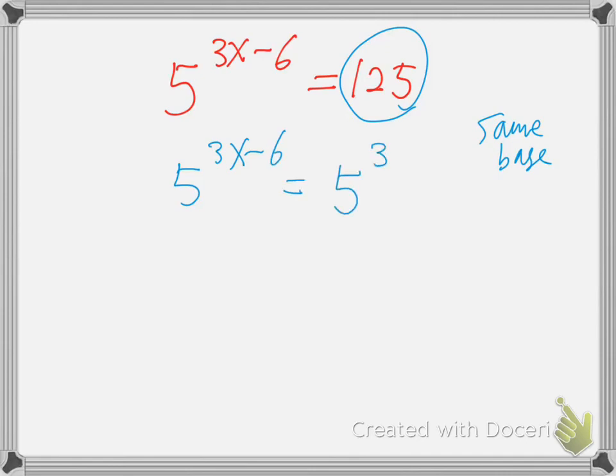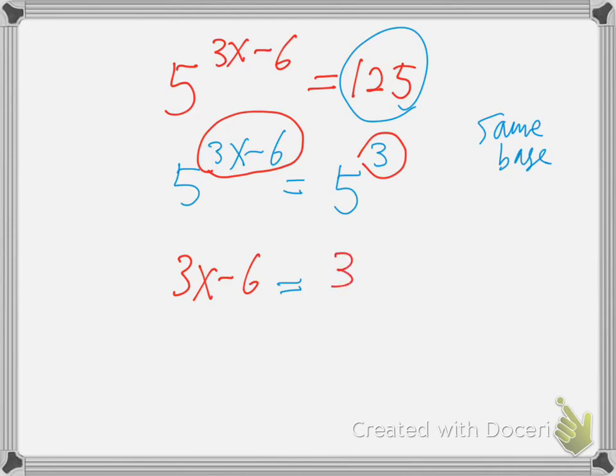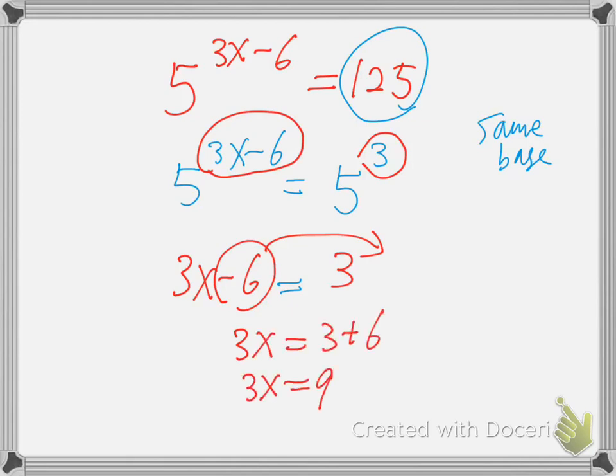Same base 5. Now we have a new equation for the exponent. 3x minus 6 is 3. Now you move negative 6 over, you get 3x is 3 plus 6. 3x is 9, divided by 3, x is 3. This is the answer.